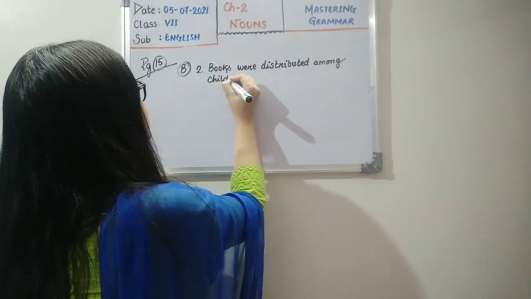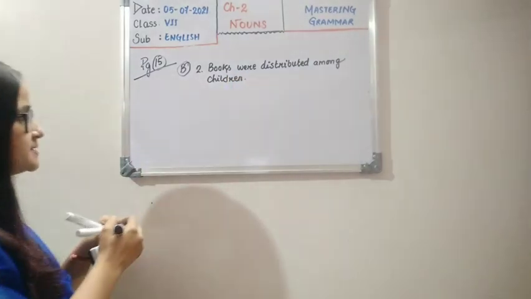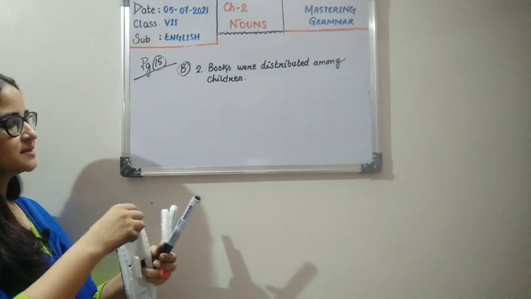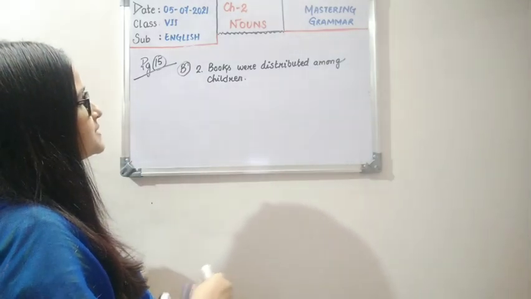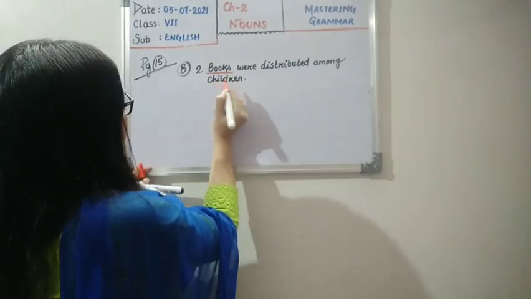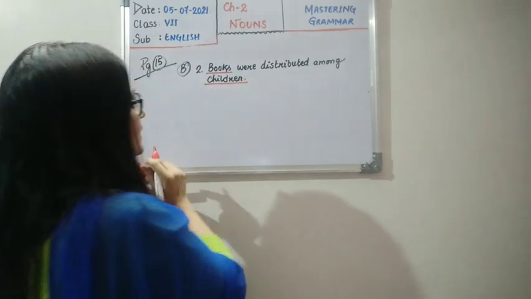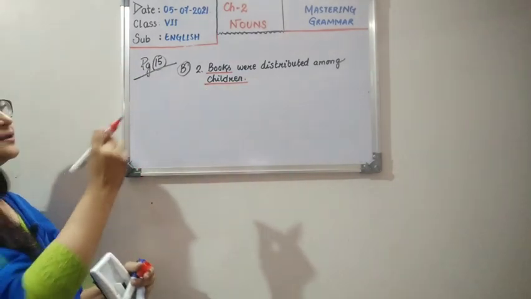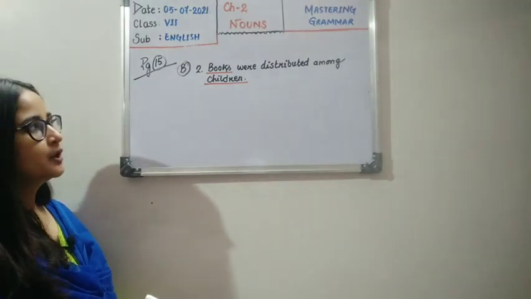Now what did I tell you? That uncountable nouns do not take plural forms. Let us spot the nouns here. The first word which is a noun here is books. And the second one which is a noun is children. Now children, tell me that books is a plural form of book, right?